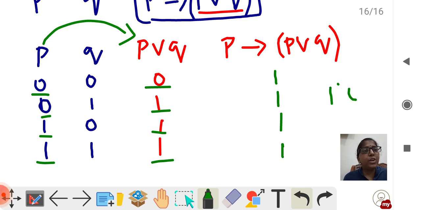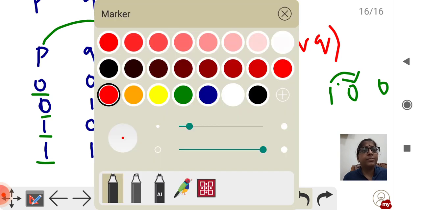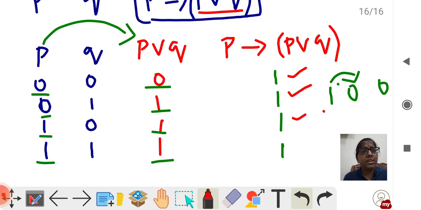Only in the case 1, 0 is 0. 1 implies 0 is 0. Otherwise it is true for implication. So what we got is 1, 1, 1, 1. So all the truth values are true. So what will you declare? It is a tautology. The compound statement is a tautology, represented by T₀. All the truth values are 1, then it is a tautology.